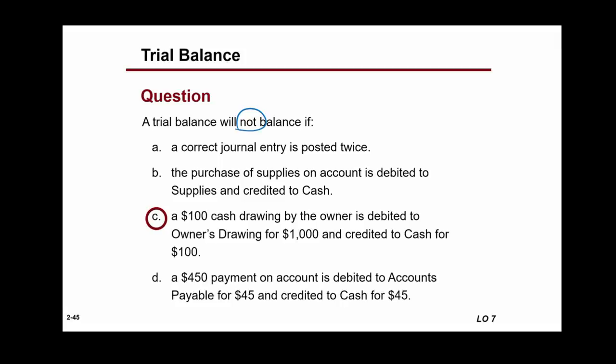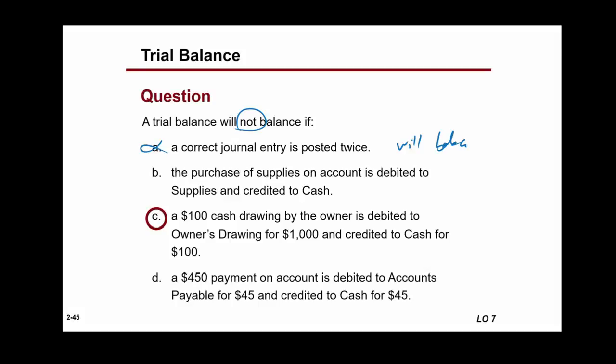Yes, because if you added $500 under credits, you will also add $500 under debits. So it will balance. Next: the purchase of supplies on account is debited to supplies, that's correct, and credited to cash.